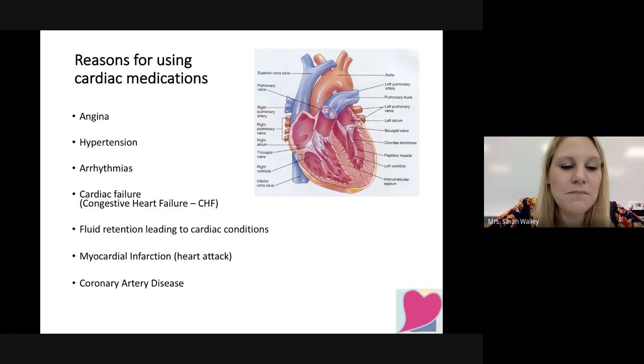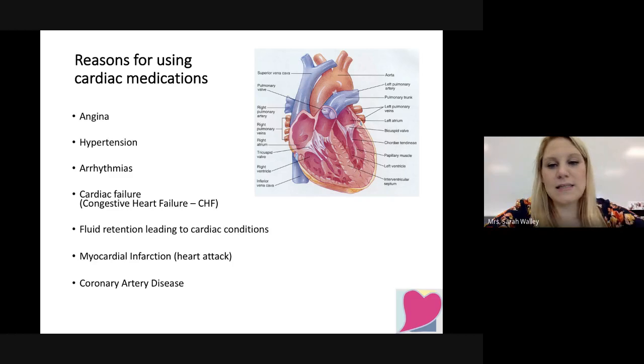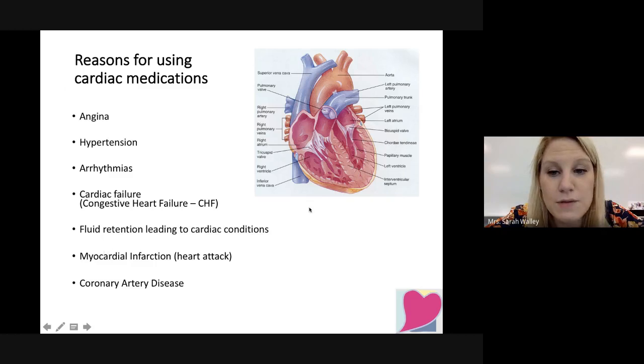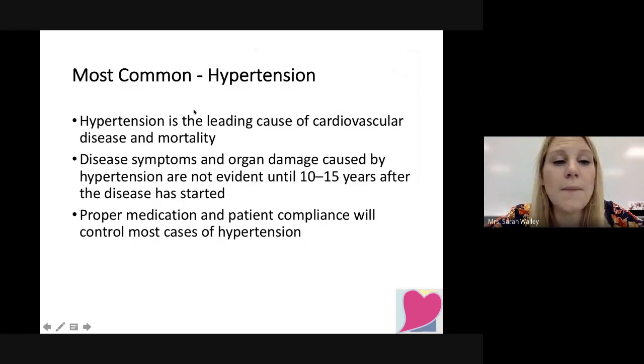So myocardial infarction or a heart attack, and then coronary artery disease. Okay, so there's lots of different things. You can have multiple of these things at one time also. That's something to note. Okay, so the most common, I said that was hypertension.